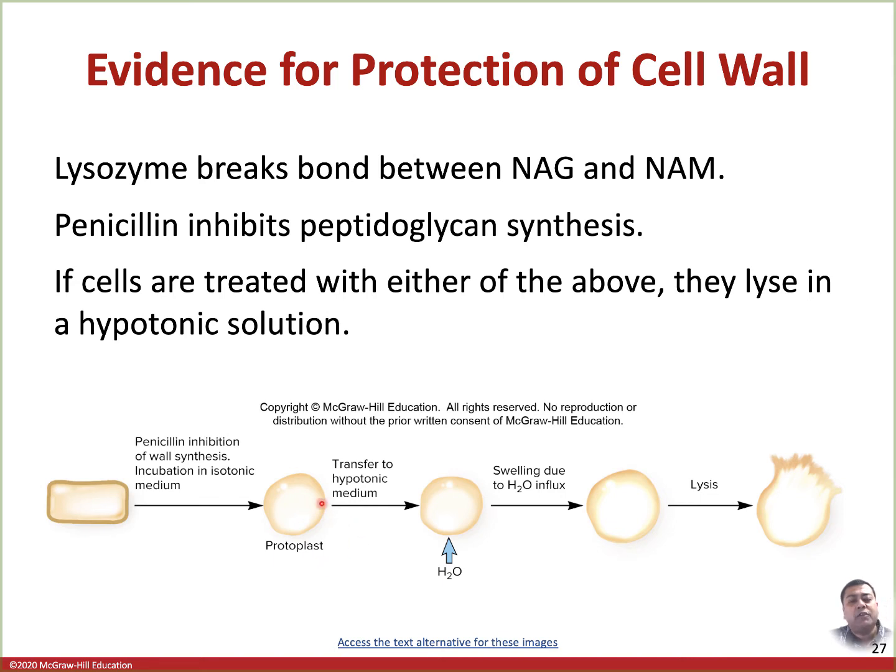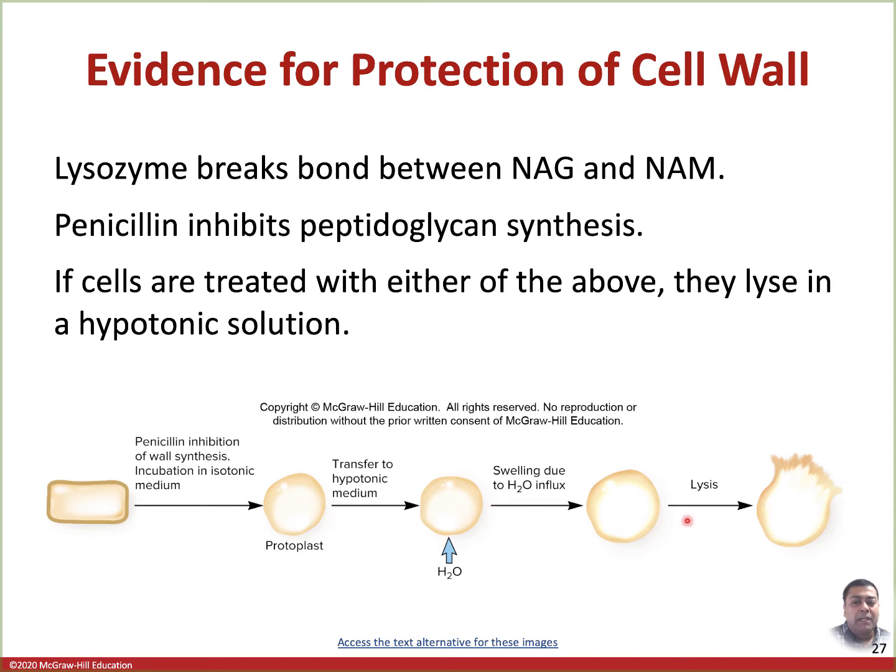Now, if we put this in a hypotonic medium, that means the water concentration outside is more, solute concentration is less. Water is going to move from outside to inside, and the cell will swell. Eventually, the cell will have so much water that the plasma membrane will not be able to hold it, and it will lyse, and the cell will die.